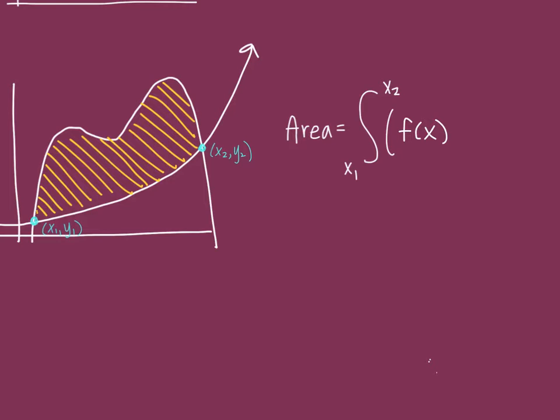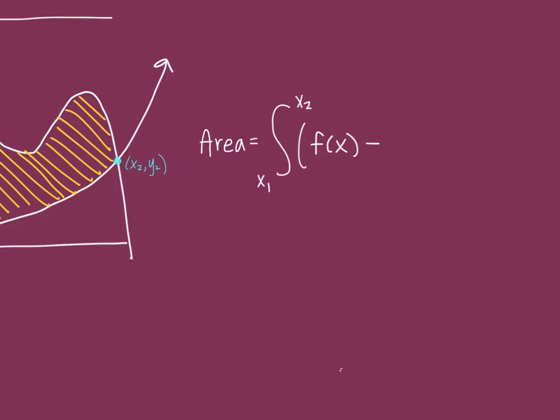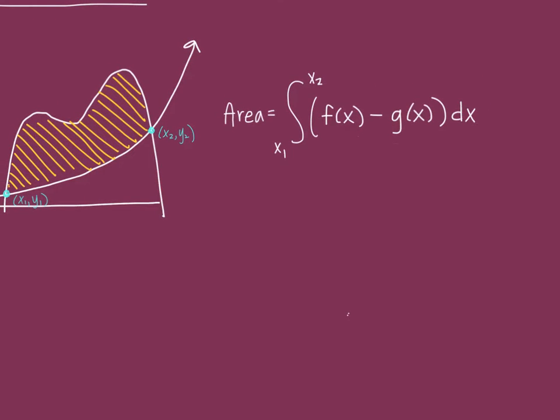It's always above. Then we subtract from that the lower function, which we'll say is g of x. We still use dx as our differential, and all that does is explain that we are doing x terms, which means we are going horizontally from left to right.